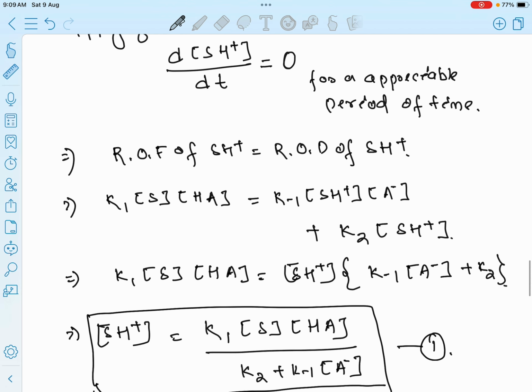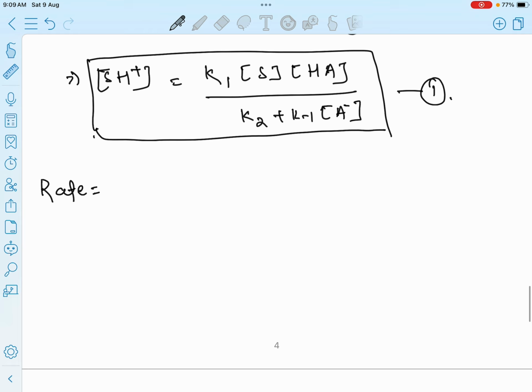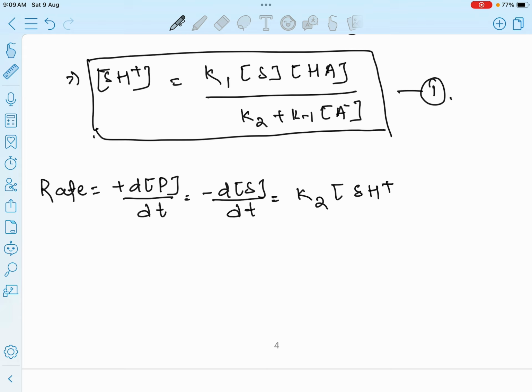Therefore, the rate of the reaction, or the rate of formation of product with respect to time, or the rate of decomposition of substrate with respect to time, will be equal to the rate constant of the second step multiplied by the SH plus concentration.